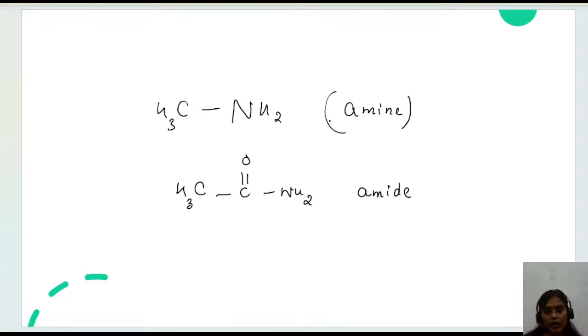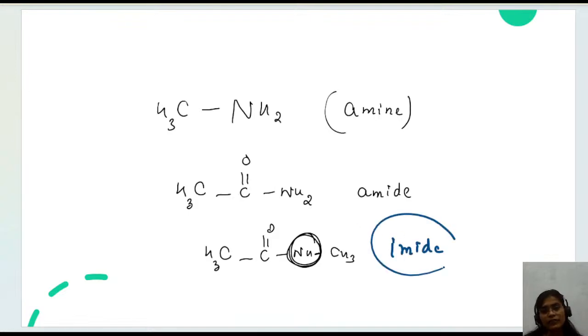But if this is CH3 and CO, and the NH is connected with one more CH3, that is, the amide N is further connected with some other R group, it becomes an imide. This is the difference here.